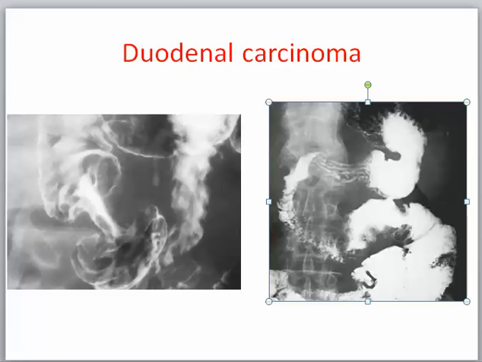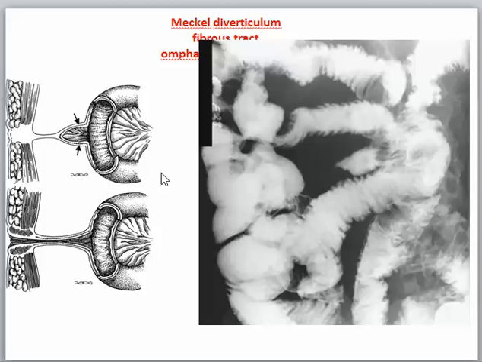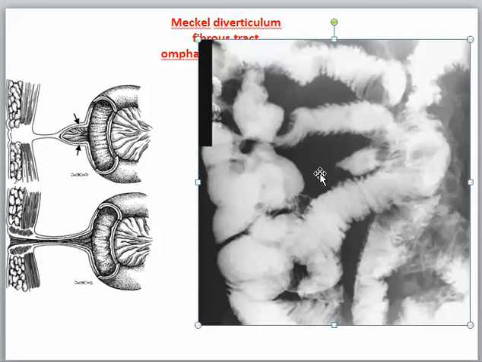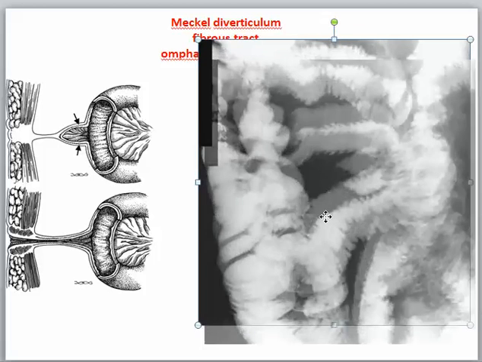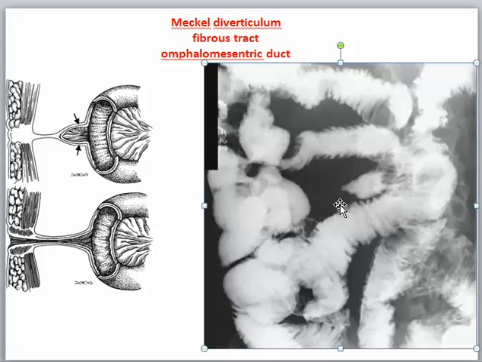So duodenal cancer can be either an irregular outline of the mucosa or an apple core appearance like that one. Now Meckel's diverticulum.